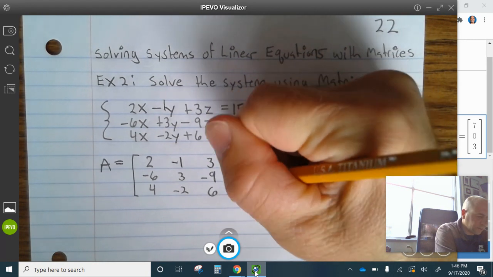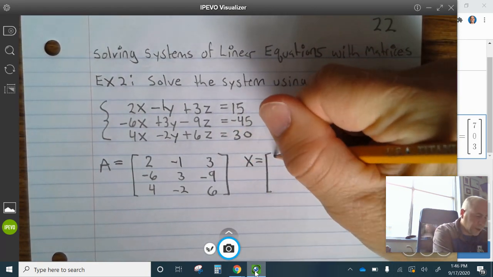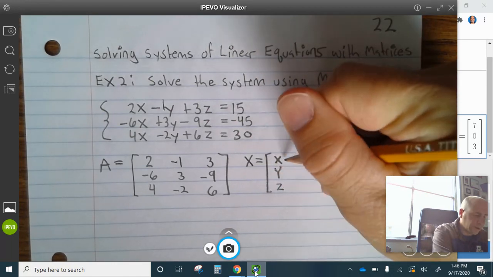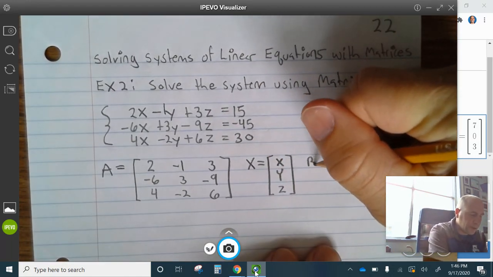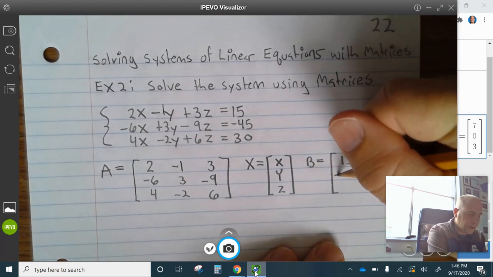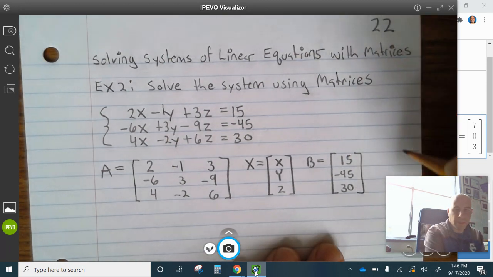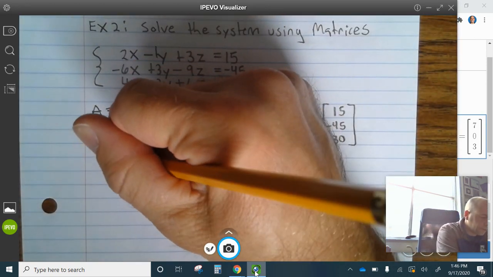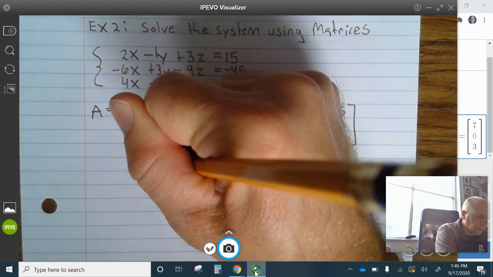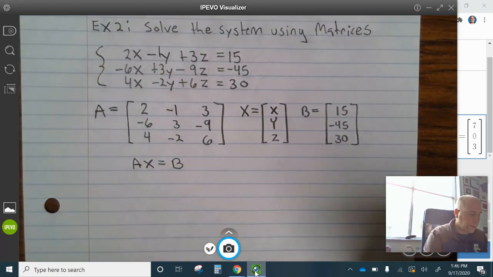X equals X, Y, Z. And B equals 15, negative 45, and 30. Now we know that AX equals B. Okay, we multiply both sides by A inverse.